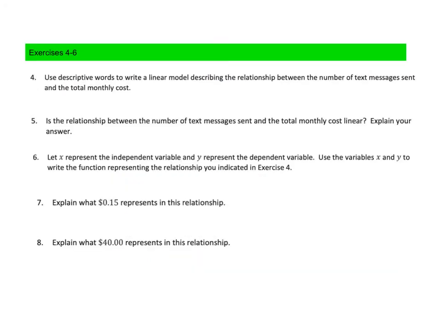All right, so we're really going to dive into breaking down how to write this equation. And we're going to start off with number 4 by writing out a sentence, basically. So what is going on here? Well, we're finding the total monthly cost.